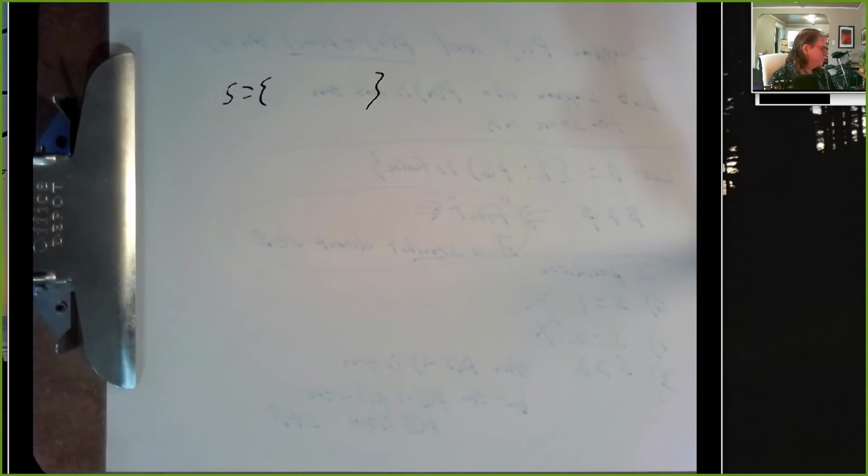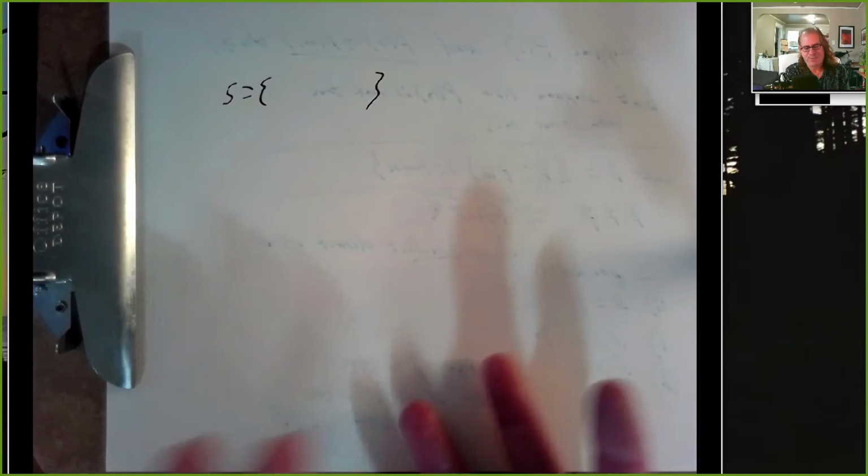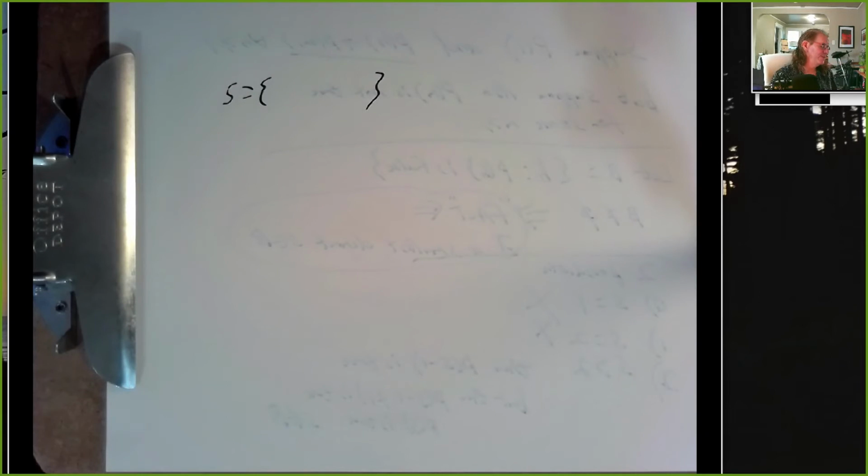Sure, I mean, put down a bunch of pennies that are different from each other and ask someone to pick a penny, they can pick a penny, right? And if we have particular sets, like if we have a set of positive integers, we could pick the smallest element. If we have a set of words, we could pick the first word that occurs alphabetically, or the first word alphabetically that begins with the letter Q, right?